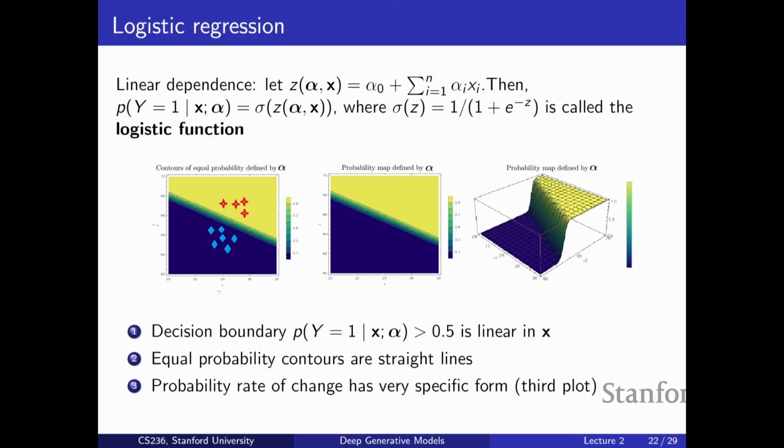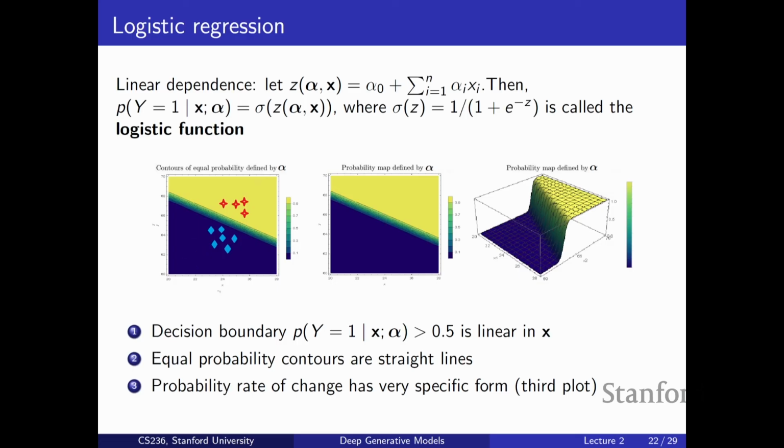So there are some straight lines such that all the points that lie on those lines have the same conditional probability for y. It also means that the decision boundary, if you're using a threshold to decide whether a variable belongs to class 0 or 1, is going to be again a straight line. So all the points on this side of the line are going to be positive, all the other ones are going to be negative.